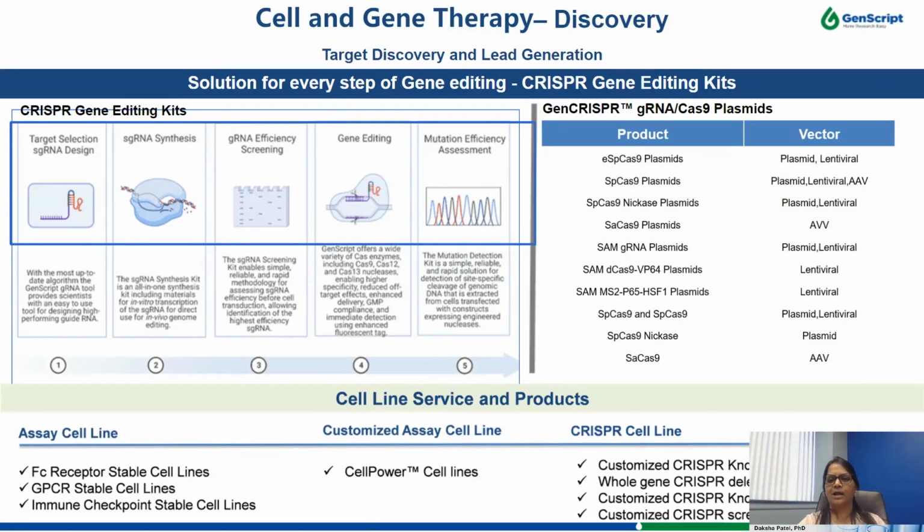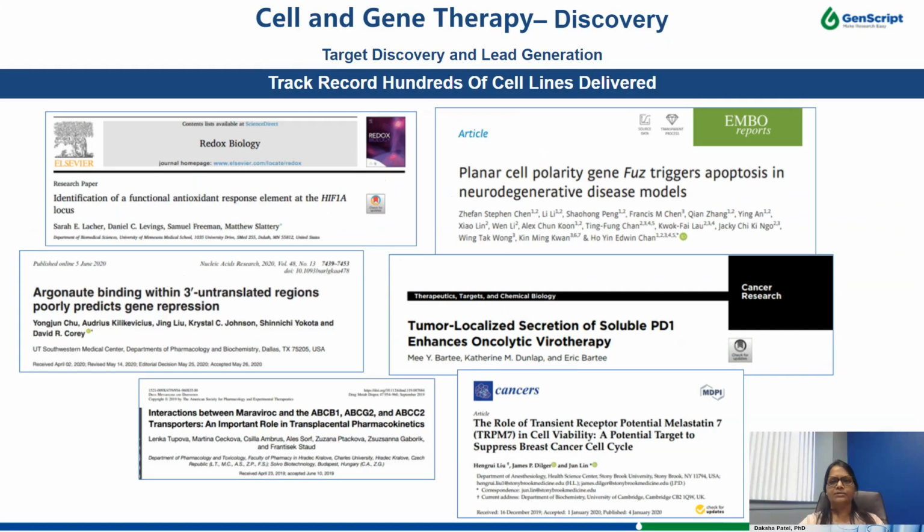And all these cell lines can support evaluation of targets, including target gene protein identification, functional research, immunotherapy discovery, and understanding the binding affinity of antibody, protein, and immunotherapeutic targets. It also supports cytotoxicity, biological activity, biochemical mechanism and off-target evaluation. And hundreds of cell lines delivered and used by researchers for various applications and cited in many publications.